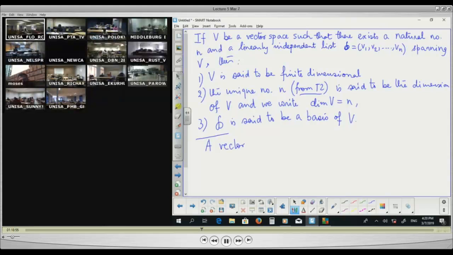So here we defined 3 things: 1, finite dimensional, 2, the symbol for dimension, and basis. A vector space that is not finite dimensional is said to be infinite dimensional.